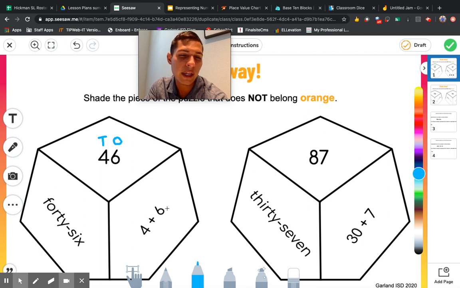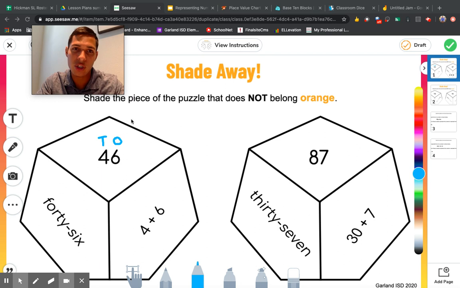This is going to be the expanded form. But something's missing for me, right? We know there's a 4 in the tens place, but that doesn't mean 4, right? It means 40 because there's 4 tens. There's 4 rods, right? So we know that that one's wrong. So let's shade the piece that does not belong.